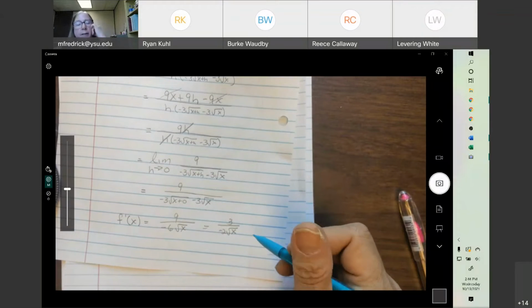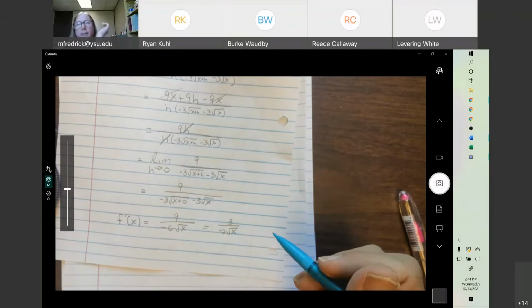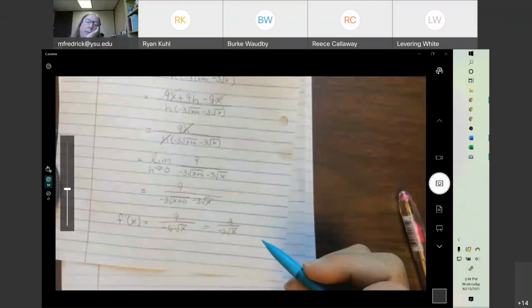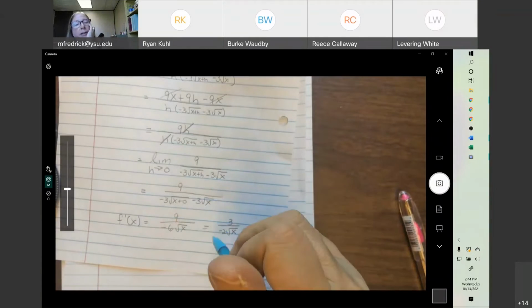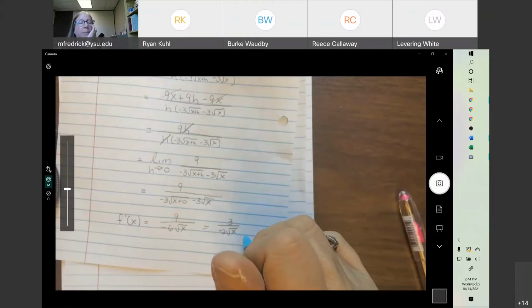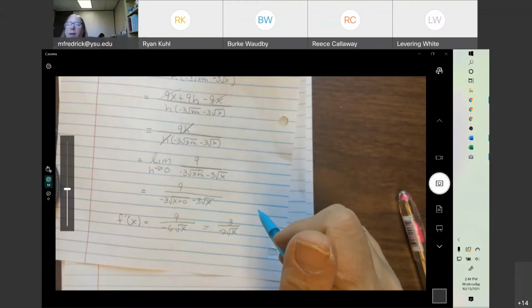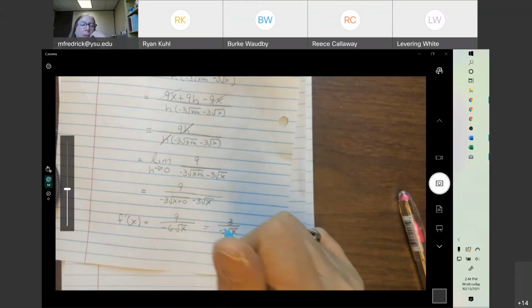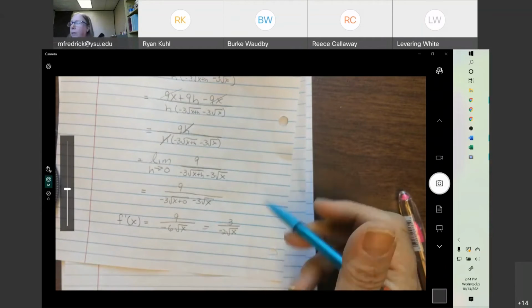Now, I would be fine if you left it like this on a test. Technically, you're not supposed to leave a radical in the denominator. But if you can go through all of this work and have the correct answer, I'm fine with this. I'm not sure what my math lab does. I think, well, last year they let you leave it, but they might have changed it.